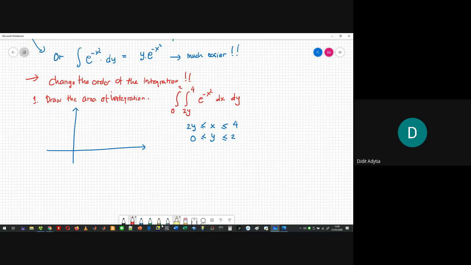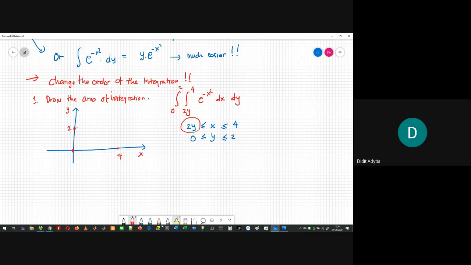This is y, this is x, and y itself is from 0 to 2, and x is somewhere from these functions until 4. Let's say this is 4.